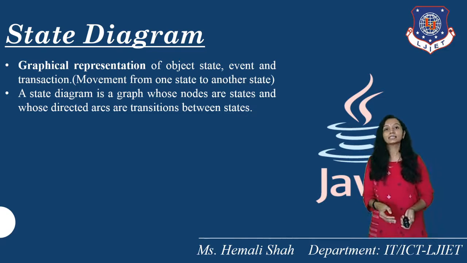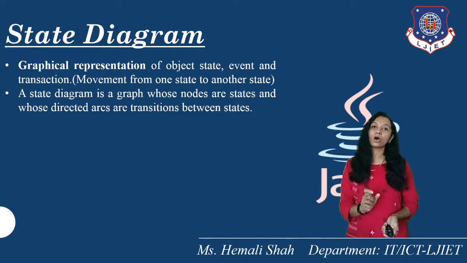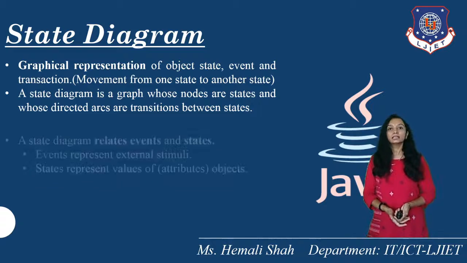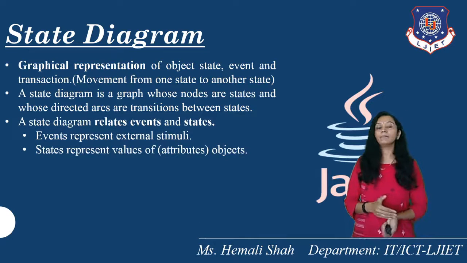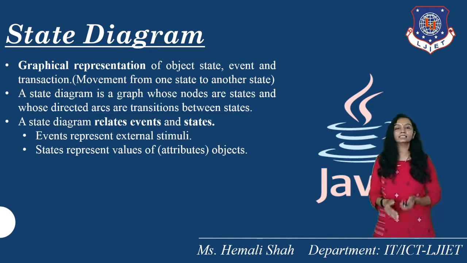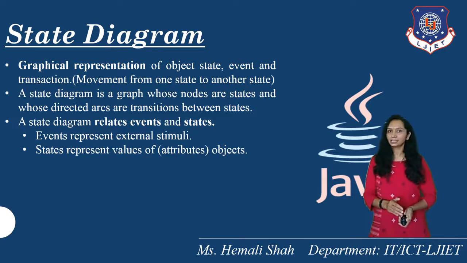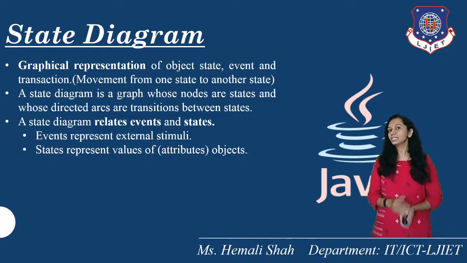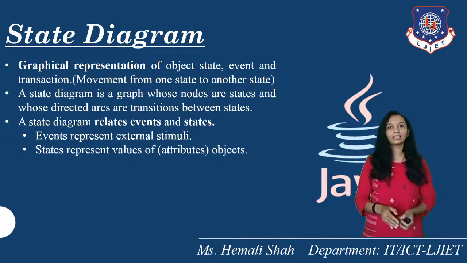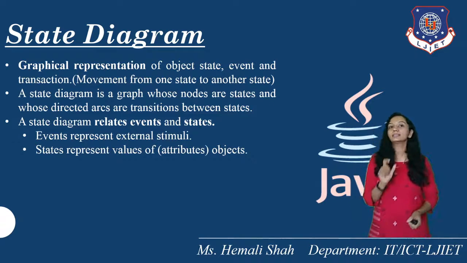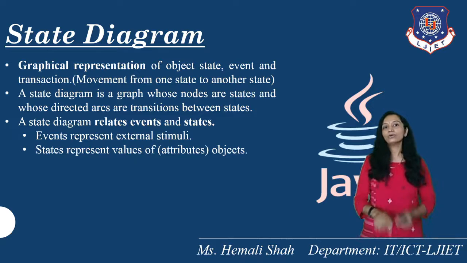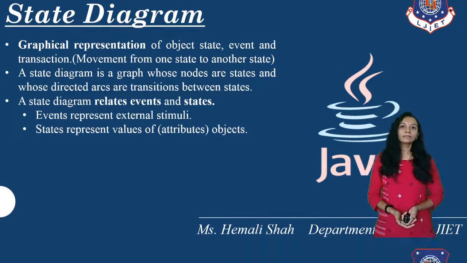These states are basically some behavior of some objects. Now the state diagram relates events and states together. An event represents the external stimulus, and a state represents the value, or we can say the attribute or data field value, of the objects.